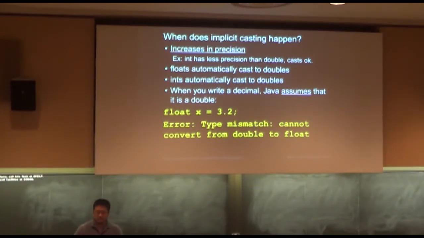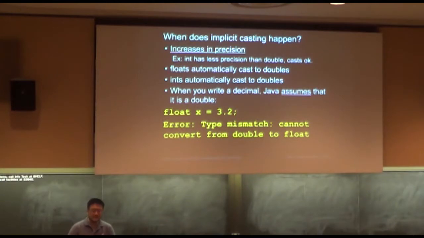So if I attempt to add an integer to a float, then Java will automatically convert that integer into a float and then add the two together. Because remember, that operation cannot occur unless the two values are made to have the same type.